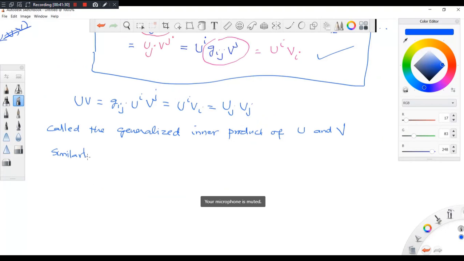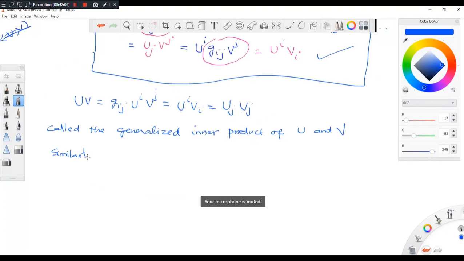The inner product of two covariant vectors is defined as uv equal to, it will be the opposite: here gij will come, and here ui vj will come.